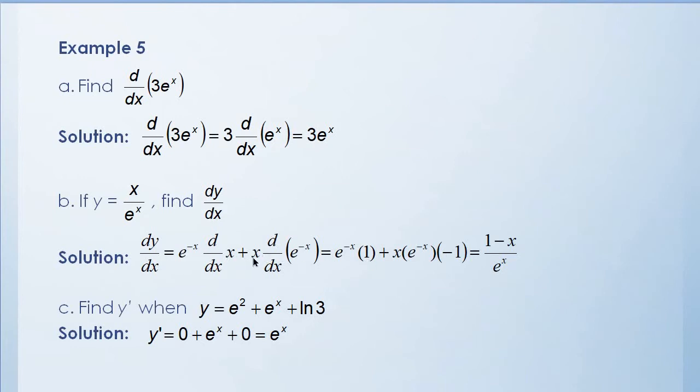Then plus u, which is x, we put back, then differentiate e^(-x), we will have e^(-x), then multiply negative 1, because we are using the e power u rule. So we have e^(-x) multiply negative 1. Then restructure, we can get (1 minus x) divide e^x.